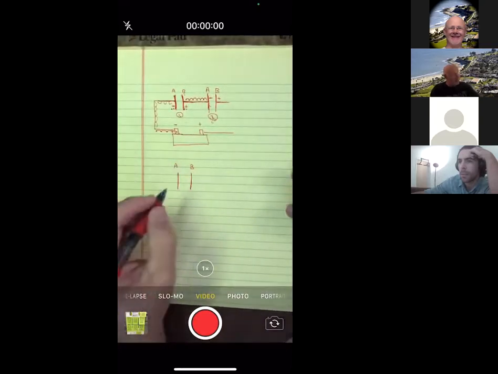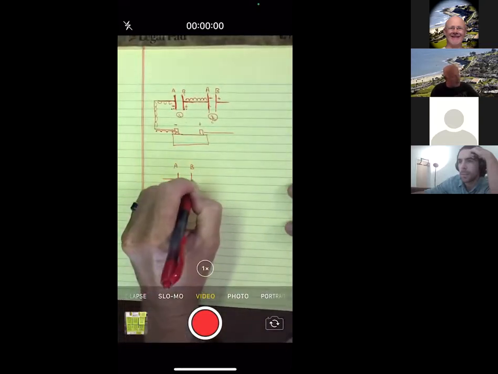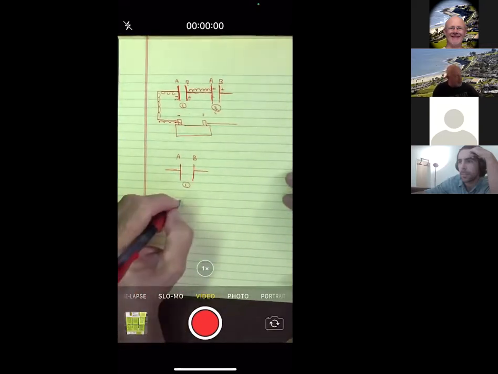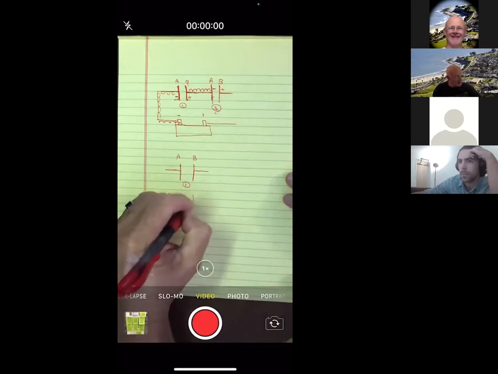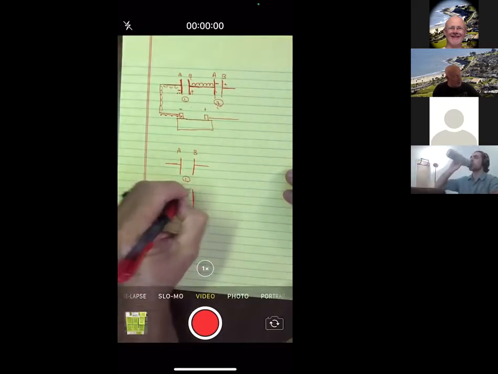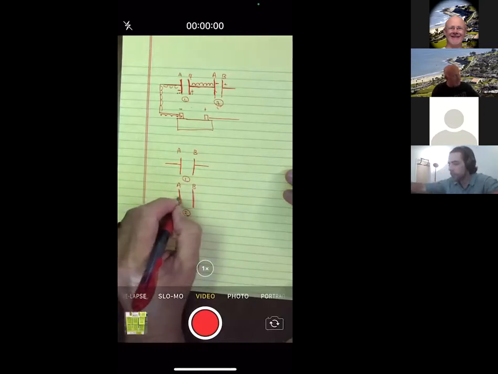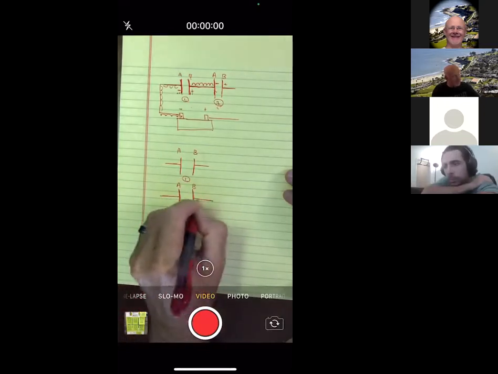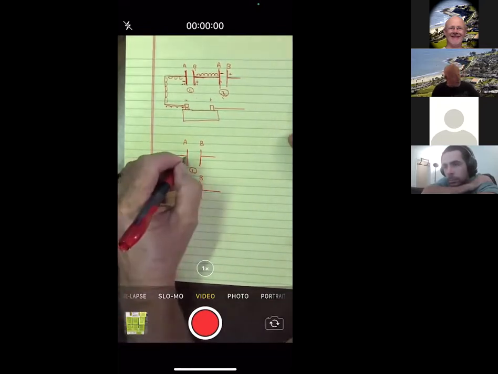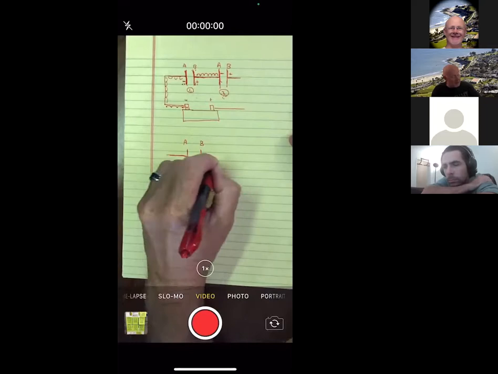Okay. All right. So let me call this capacitor 1. And let me draw here capacitor 2 with plate A, plate B. And of course, they're hooked up or wired a little differently, so the behavior is different.